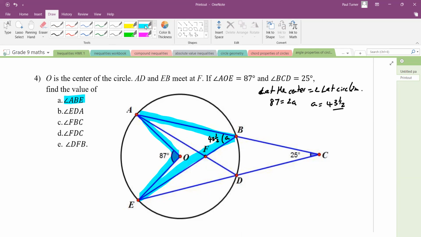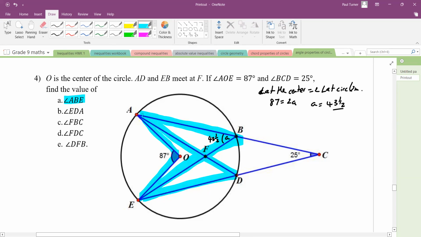And then we notice that we have angles in the same segment, up, down, up, down. So this angle here is the same as this one. So this is angle EDA. This is angle B here. So this angle and this angle are equal.